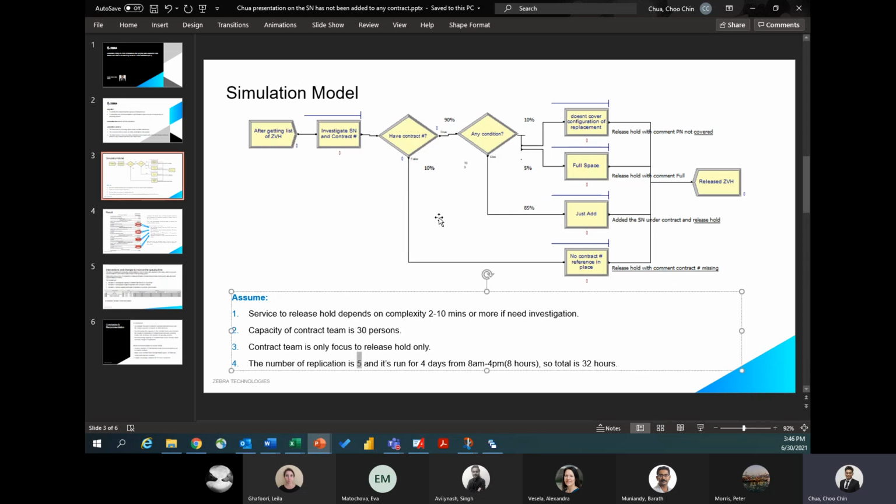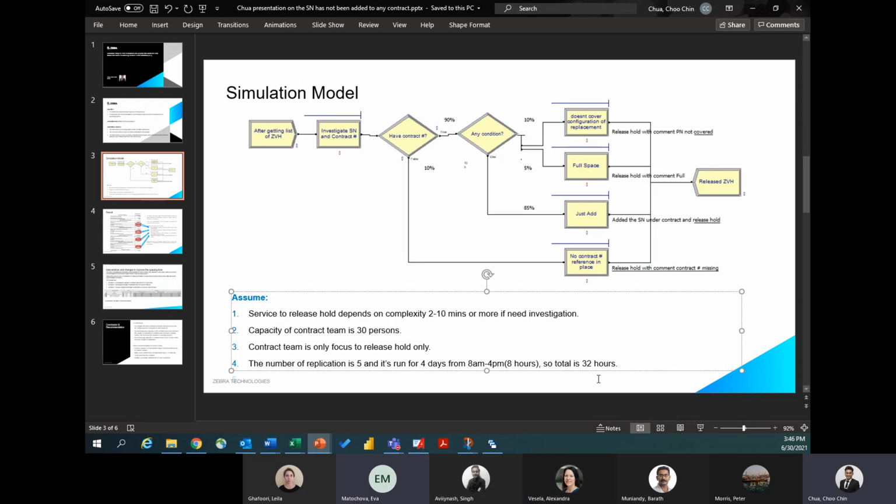So in this simulation model, I run five replications, but the length of each replication is 32 hours. You get what I mean?